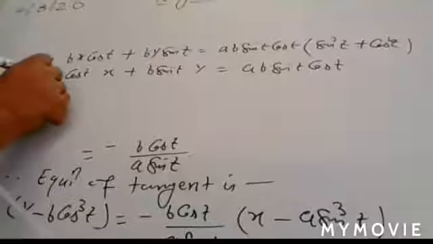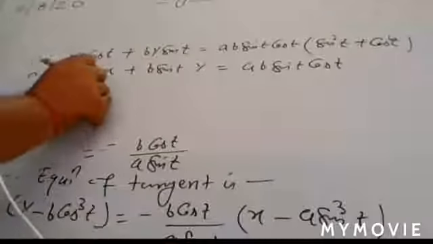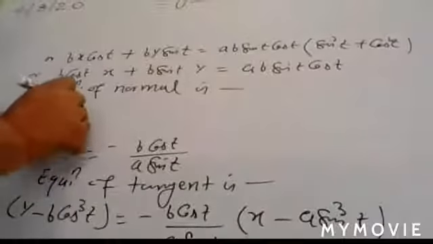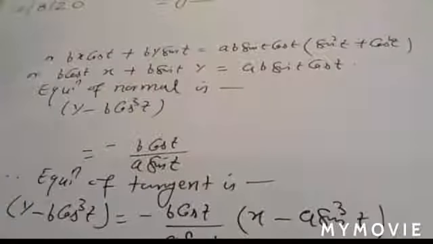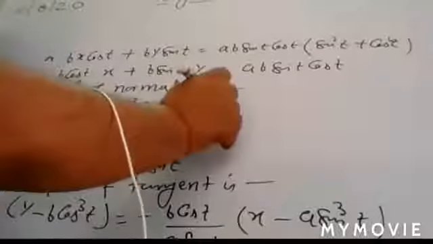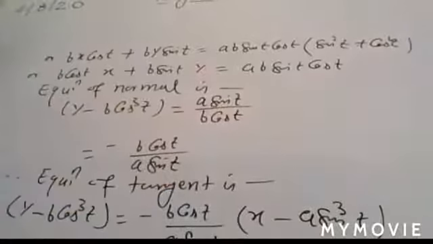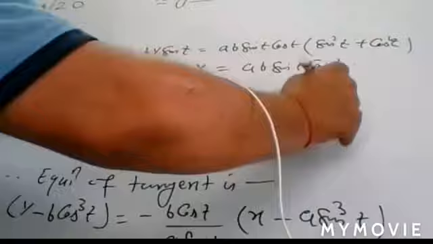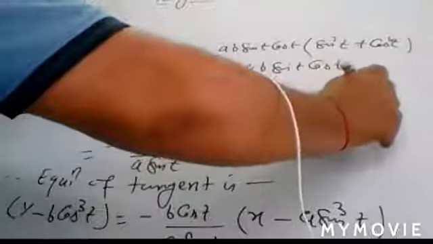So you write it. The equation of normal is y minus y1, where y1 is b cos cube t, equal to a sin t upon b cos t into x minus x1, where x1 is a sin cube t.